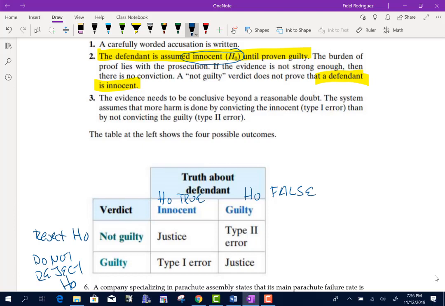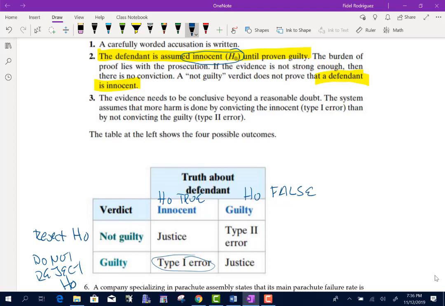Okay, so think about it this way. If that's true and I'm innocent, and they rejected it, they said that I'm not guilty, then justice was served, right? But if I was innocent and they did not reject the null hypothesis, and they said I'm guilty, this would be a type 1 error. So even though I didn't commit the crime, they still convicted me. Does that make sense?